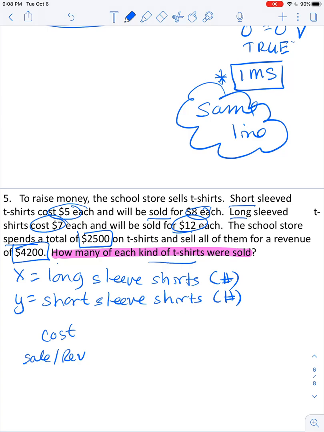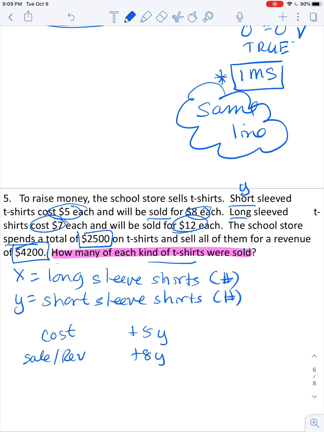So in terms of cost, when I go back, short sleeve is going to cost $5 and will be sold for $8. Keeping in mind that for whatever reason, I made those my short sleeve Ys. So when I'm talking about short sleeves, they cost $5 and they are sold for $8.